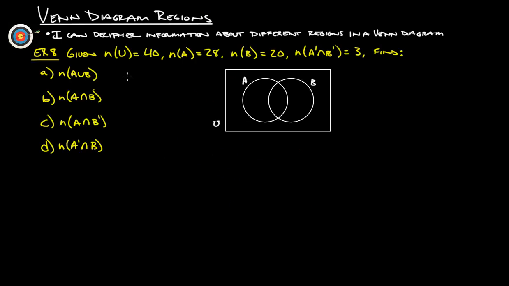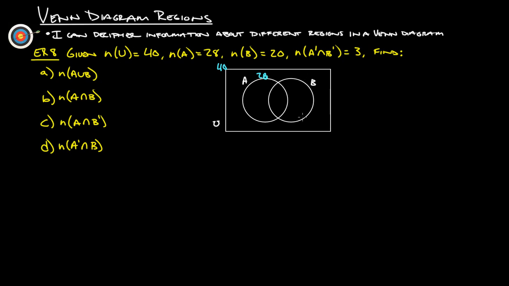Okay. Last example here. Example 8: given the number of elements in the universal set is 40. So we know that total in here we have 40 elements. The number in A, in both of these regions here, is 28. I'm just going to write it up here so that I don't have to keep looking at it.